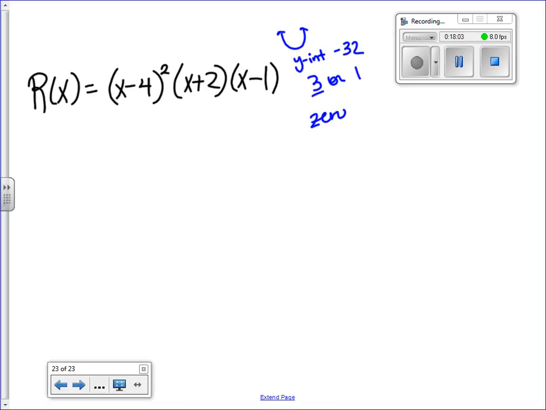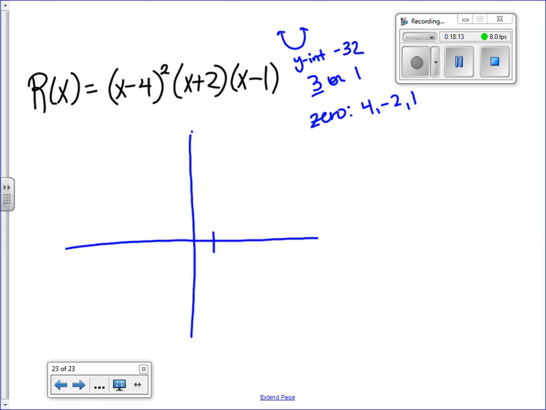What are your zeros? Alright, so 4, -2, 1, y-intercept -32.